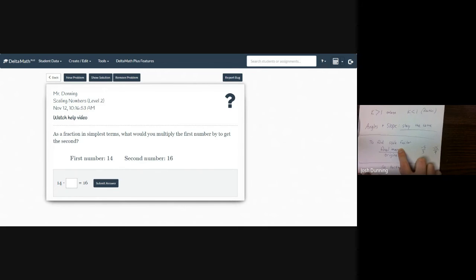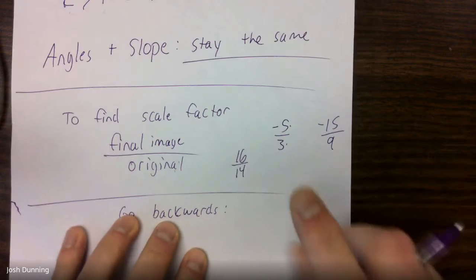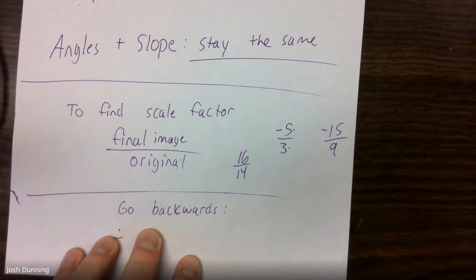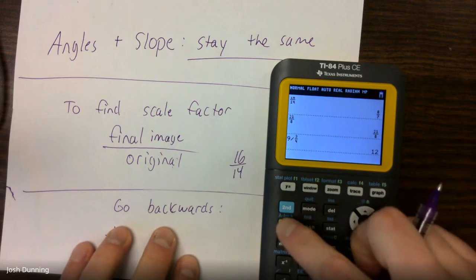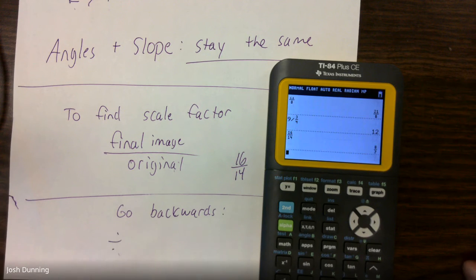If you can see in the little thumbnail here, it says the final over the original. And we're going from the first to the second. So we want to put 16/14. We need to reduce that down, it said. And if you're not good with reducing fractions, you just do alpha y equals choice 1, 16/14, 8/7. And there you go. You type that in.